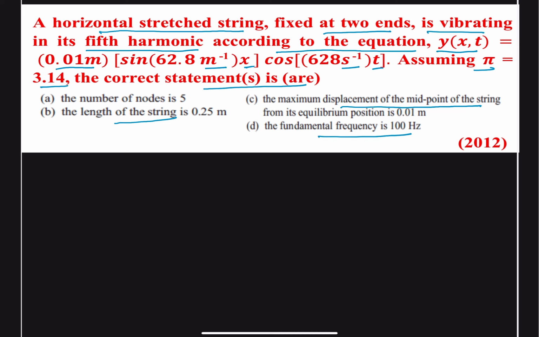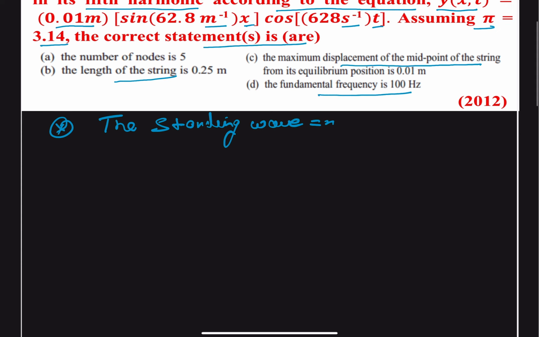So let's start with the standard equation. We can say the standard wave equation is given as y of x,t is equal to A sine of kx multiplied by cos of omega t. And let us write the given equation.